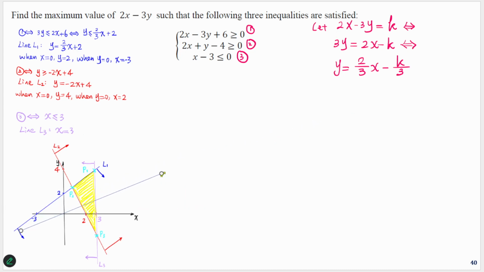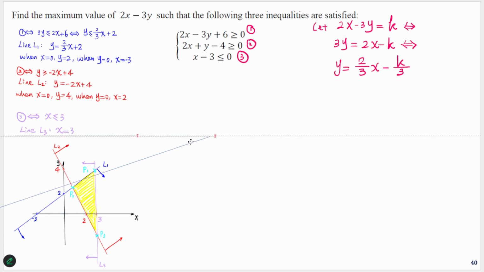I put it here. What we don't know is the y-intercept, right? The y-intercept is negative k over 3. It could be anything, correct? So this is actually a family of lines whose slopes are all 2 over 3 with different y-intercepts, right?